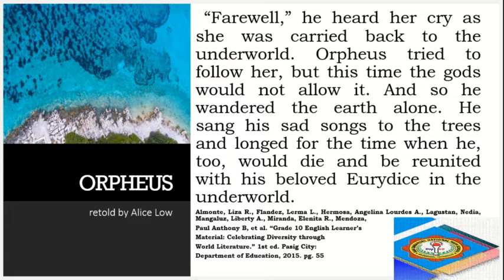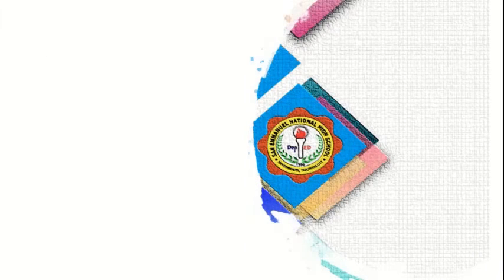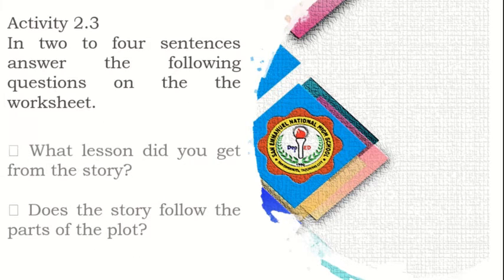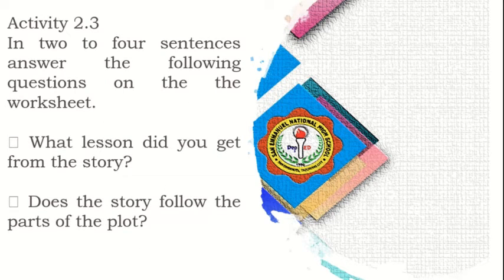What a great story, right? And there are so many lessons that you can learn from it. What is that? The word trust. What other lessons have you learned from the story?